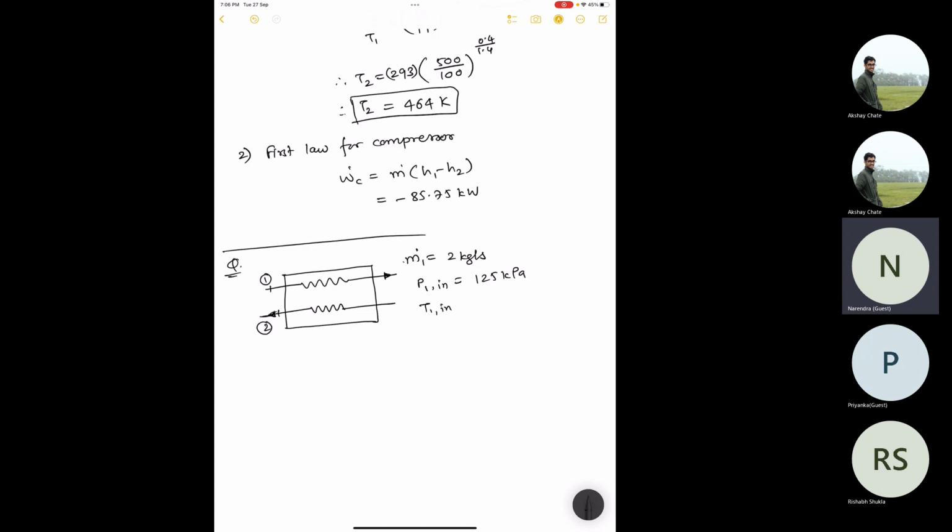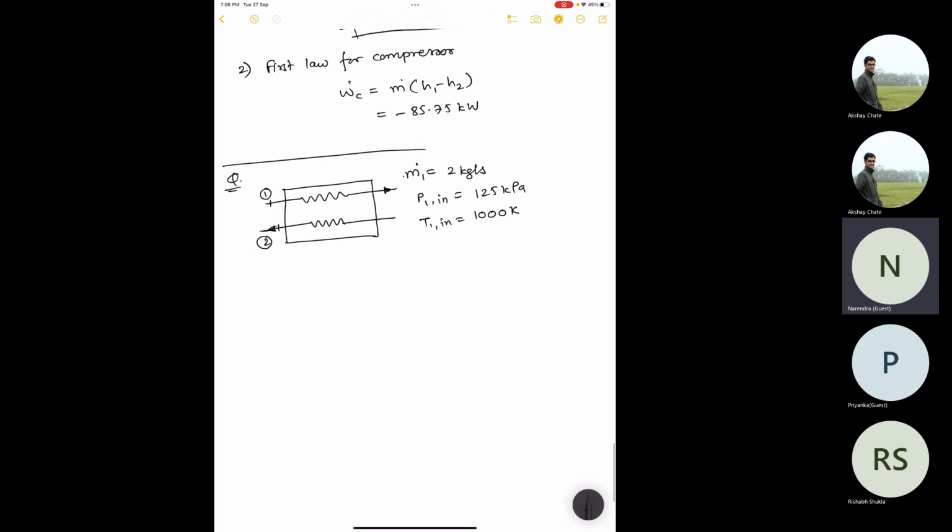T1 at the inlet is 1000 Kelvin, and P1 at the outlet is 100 kilopascal, and T1 at the outlet is 400 Kelvin. So basically this is the hot stream that is losing heat to the cold stream, and the working fluid is air.